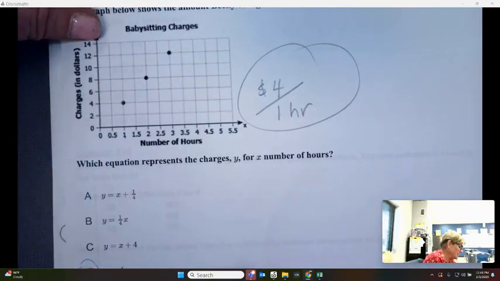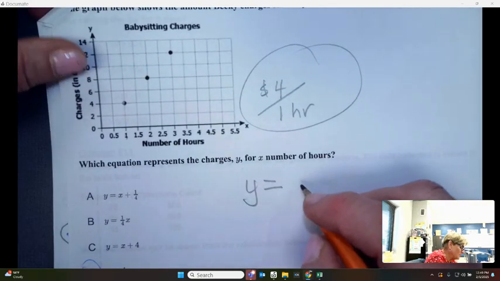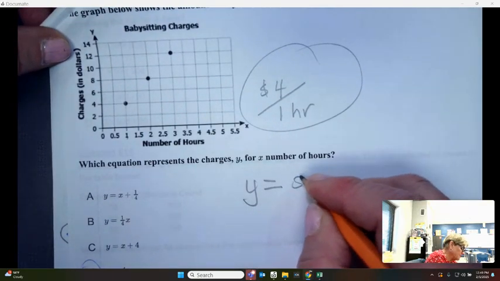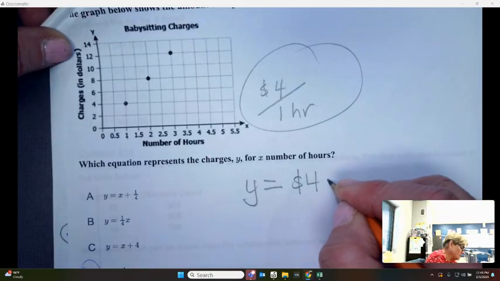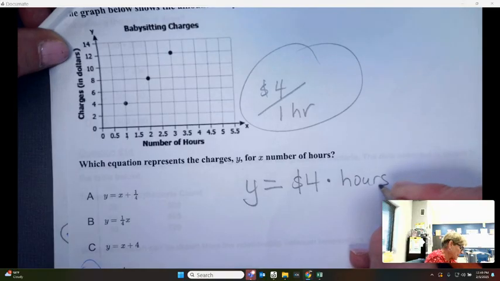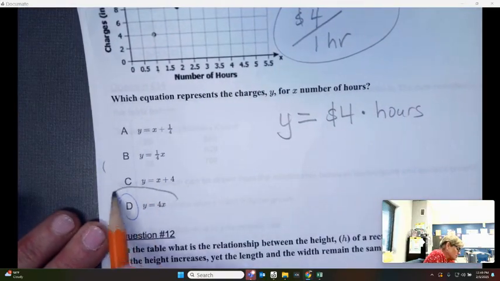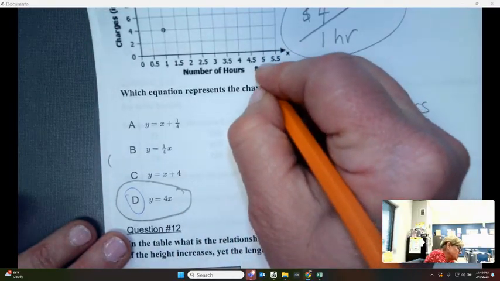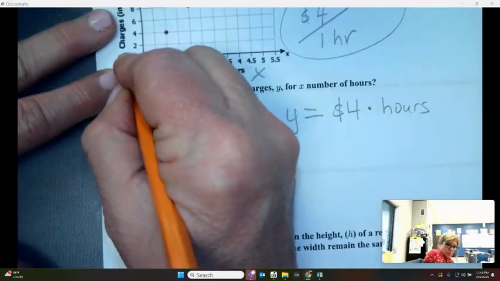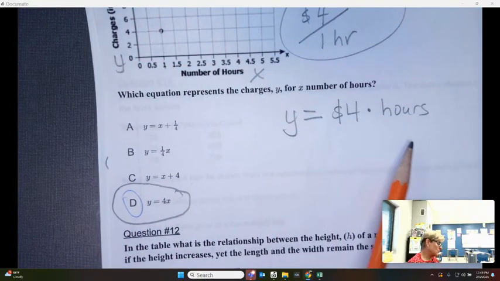So her total amount, or Y, is going to equal the number of hours times the rate, so $4 times the hours. That's $4 times the X, which is the number of hours. This is your X, this is your Y. So it has to be Y equals 4X.